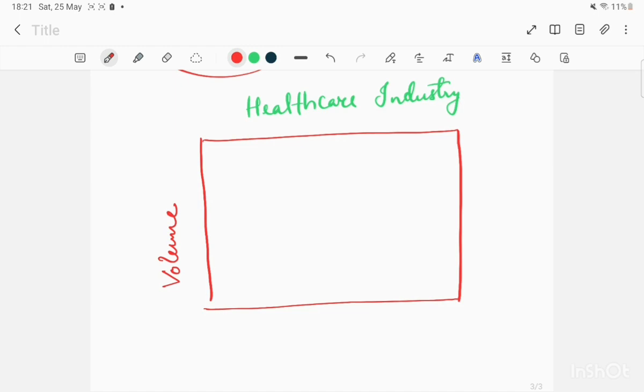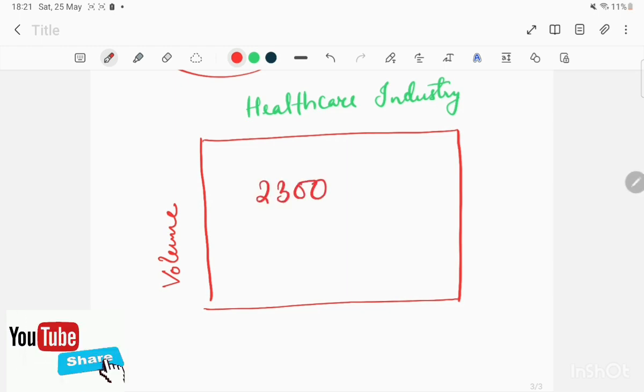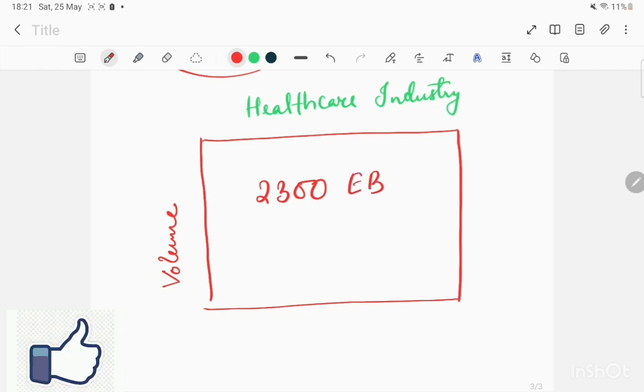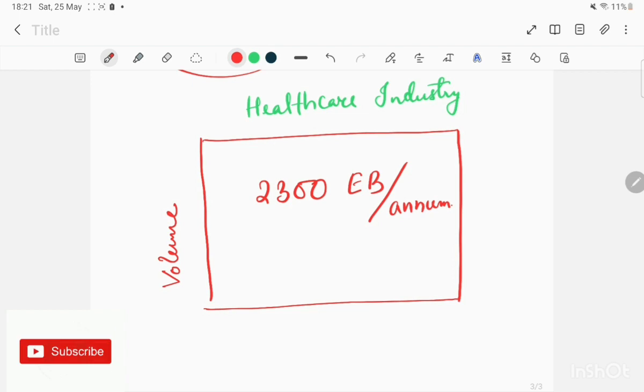So it's a huge volume of data. And for example, if you want some statistics, from the point of view of volume, approximately 2300 exabytes of data are created per annum. So that means it's a huge volume.